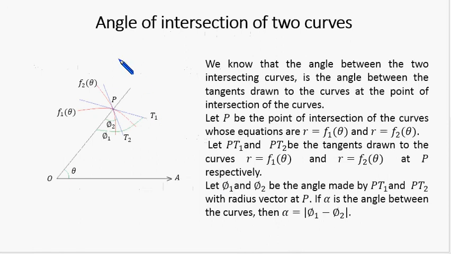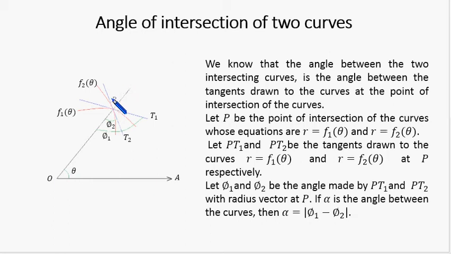So, coming to the angle of intersection of two curves, let's consider the two curves r = f1 of theta and r = f2 of theta. They intersect at a point P, and we can consider the real line as OA.